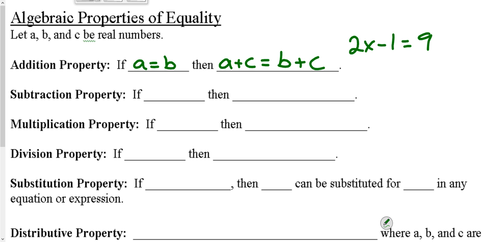That's A equals B. And we add 1 to both sides. We have 2x equals 10. So that's the same as A plus C equals B plus C. We added 1 to both sides.